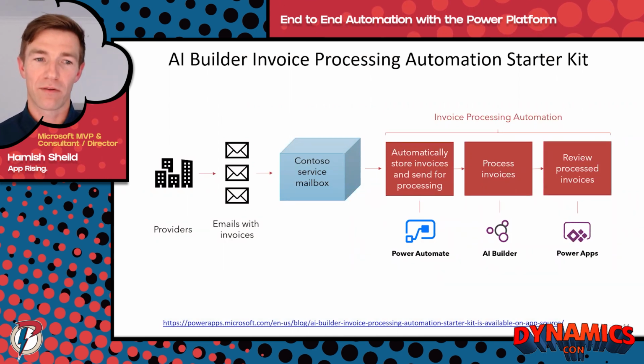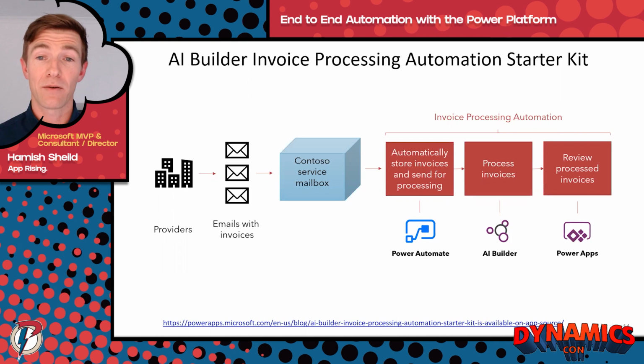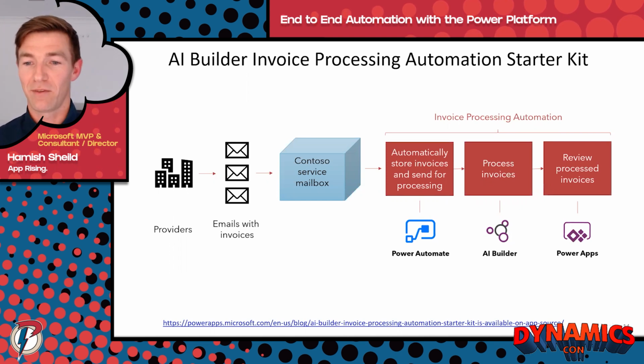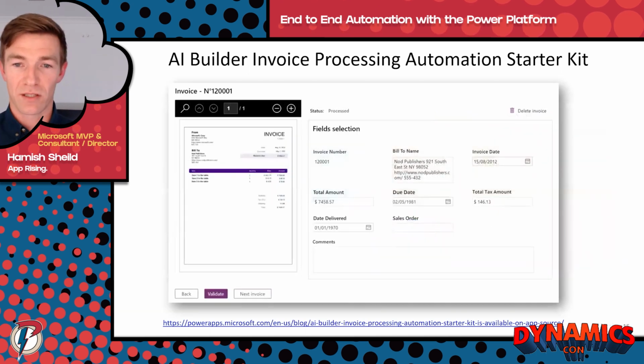And basically what that does is it allows you to set up a system where you can monitor, it's based on emails and invoices coming in by email, and it can determine which type of invoice it is, put the right AI model against it, and then go throughout the rest of the process in terms of you can put it into the common data service or PSA or whatever you want to do with it. And so that looks something like this.